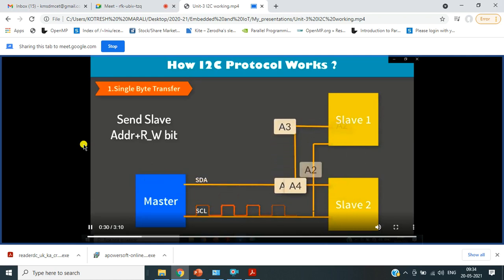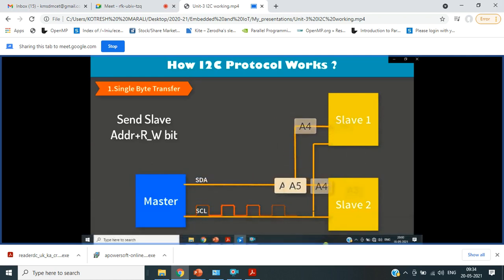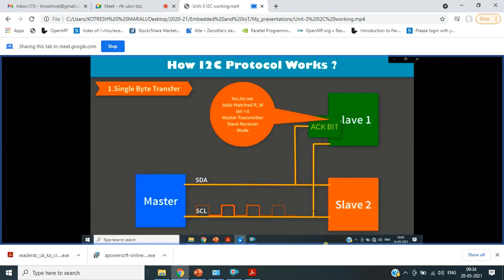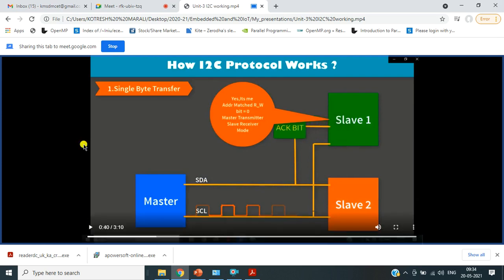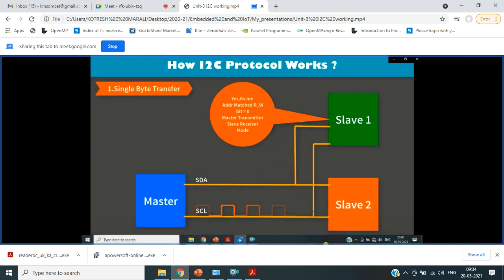So this indicates the transfer of address. Now the address matched with slave 1, and slave 1 is giving the acknowledgement bit, sending an acknowledgement bit for the master.